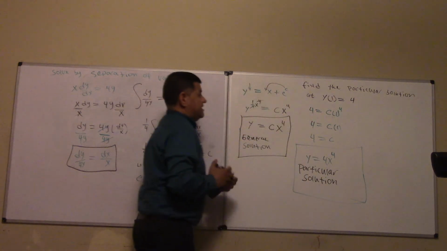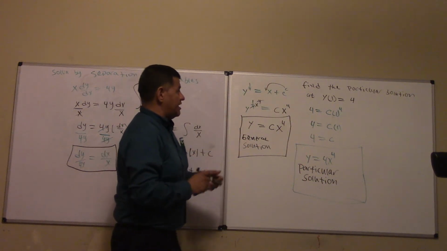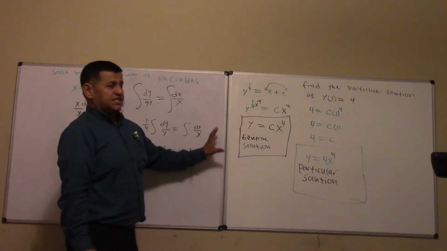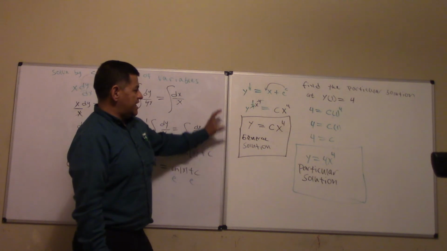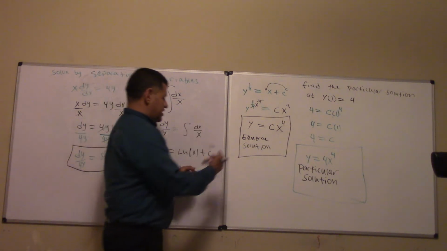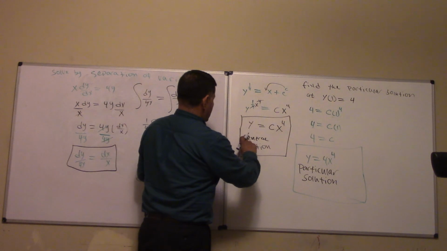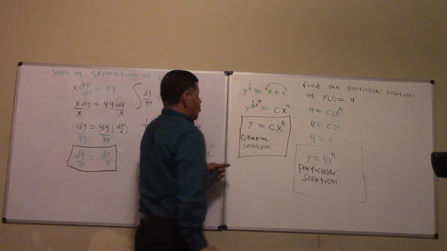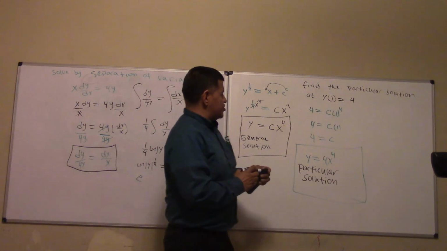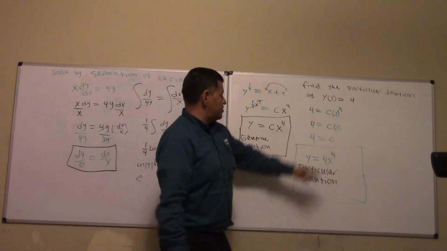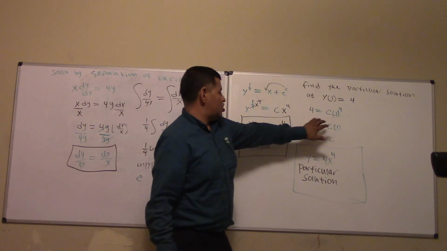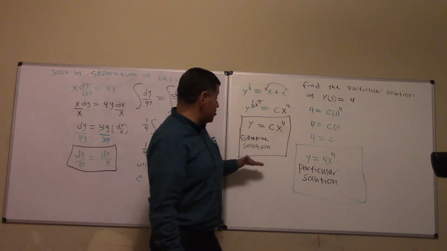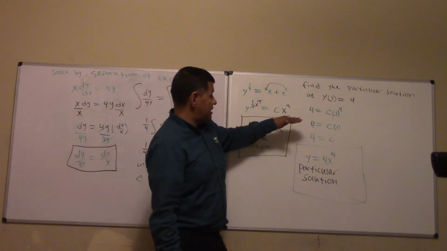All right, this has been for today. We just did a basic differential equation using separation of variables, and we did an example of a particular solution. How to find a particular solution when you already found the general solution: you use the general solution to find a particular solution.